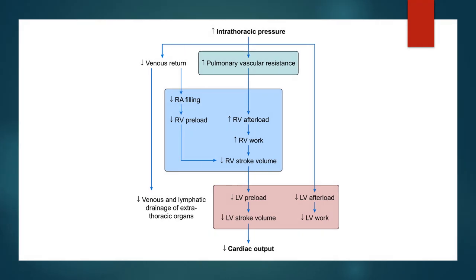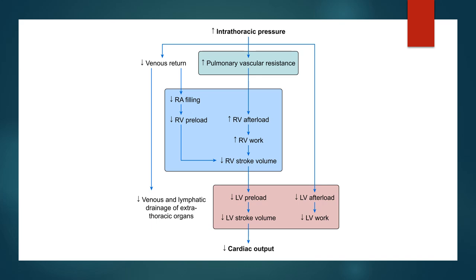If we look at this graph, it basically outlines everything I just said. Increase in intrathoracic pressure decreases venous return, which means there's less blood coming back to the right side of the heart, which means there's less blood coming back to the left side of the heart. Your overall cardiac output is going to drop.